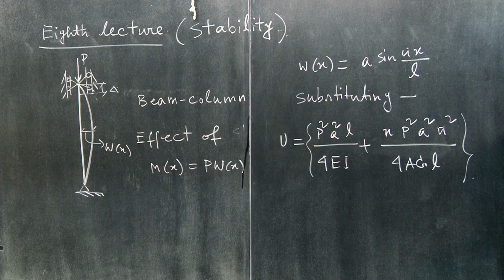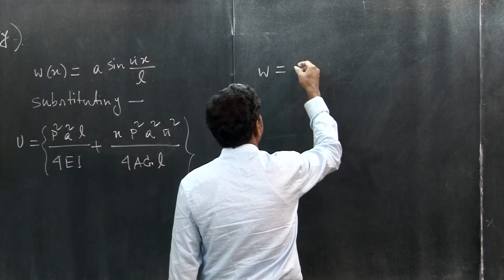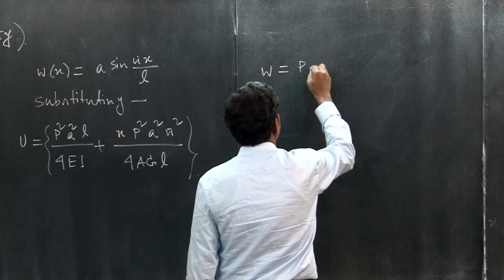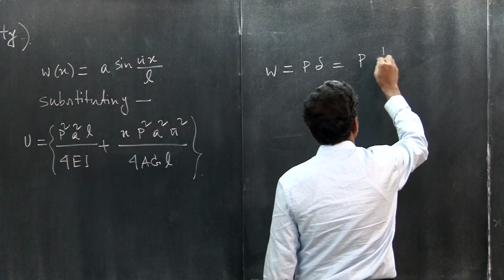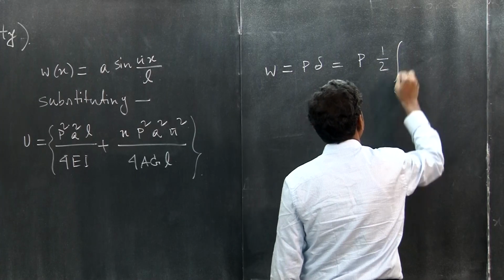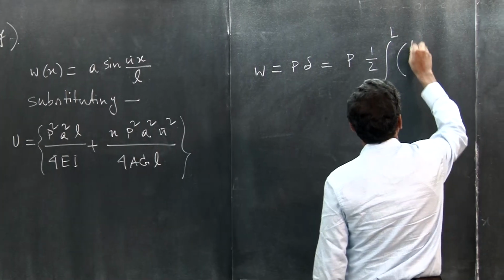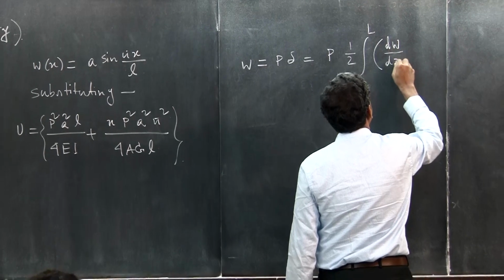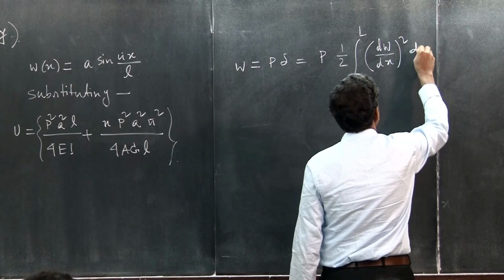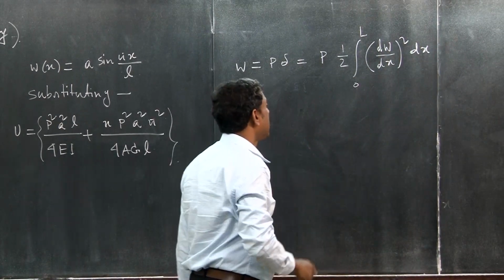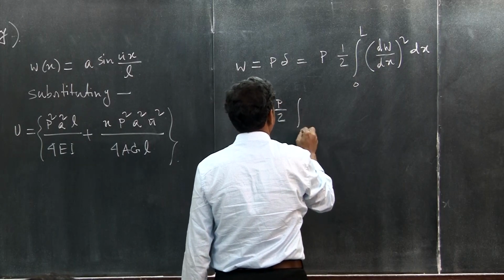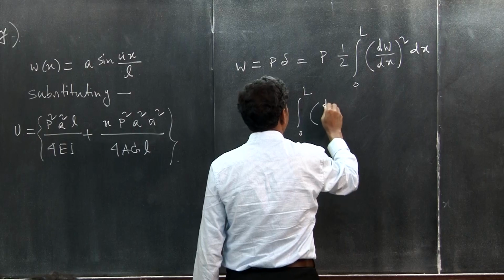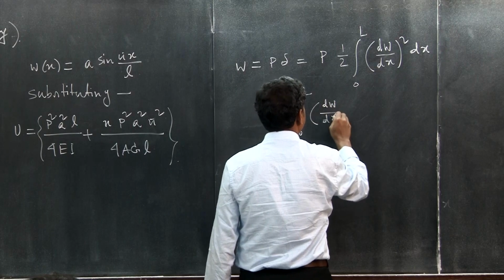So if we write W, nothing but P into delta, and this is P, and delta is nothing but you just integrate, integration 0 to L, (dw/dx) square dx, right? Okay, and then P equal to integration 0 to L (dw/dx) square.